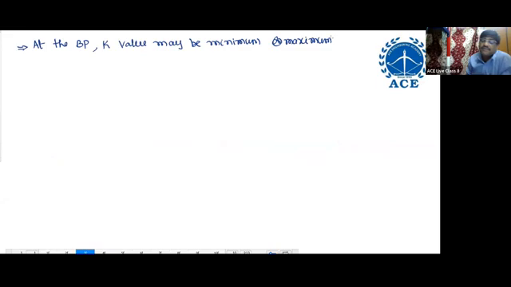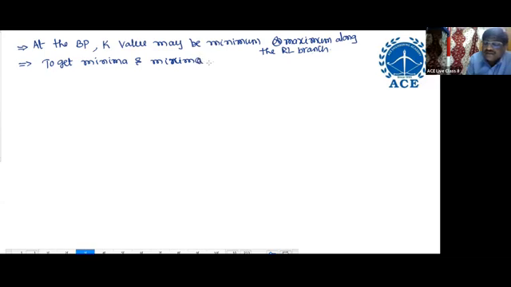To get the minima and maxima of K along the root locus branch, differentiate K with respect to S and make it equal to 0.